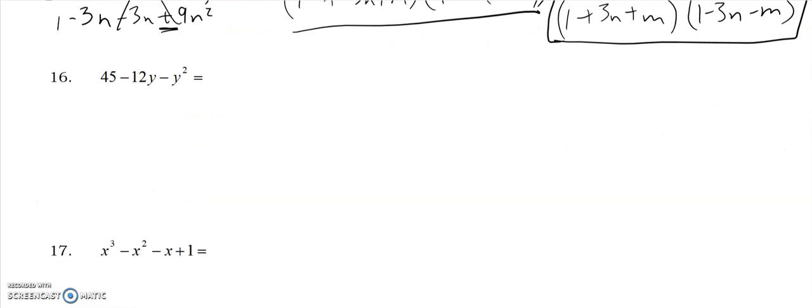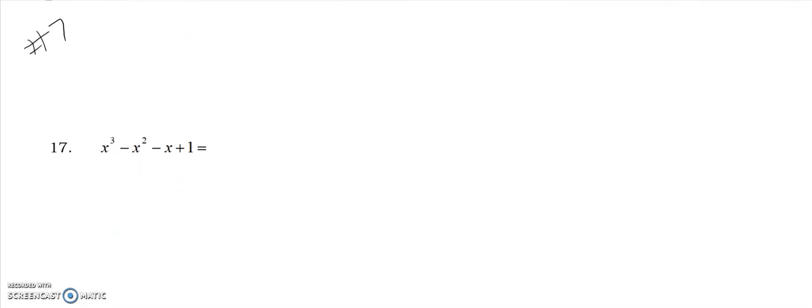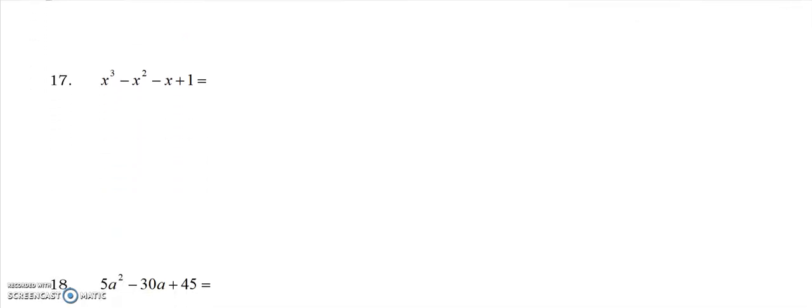The actual last 3 problems are very, very similar to what we've already done. 16 is extremely similar to number 7, so take a peek at number 7 and try that one. Again, you might have to rearrange and factor something out. 17 looks like a pretty straightforward grouping problem, and then 18 is a fairly straightforward problem as well. You might have to take out a GCF of some sort, kind of looking like problem number 2 maybe.